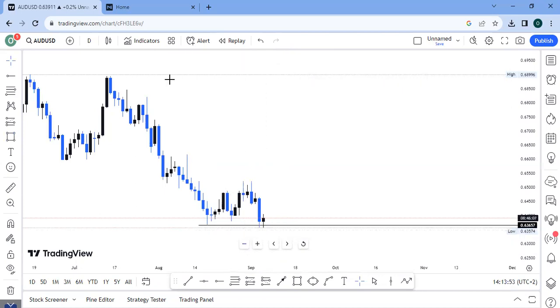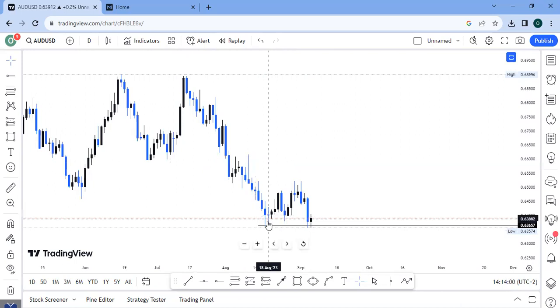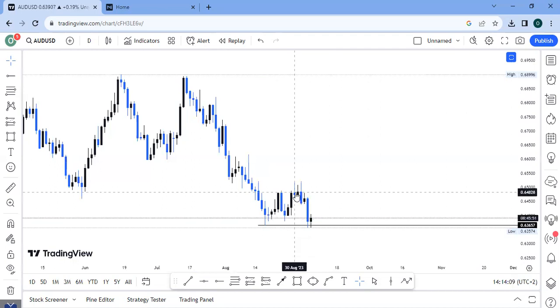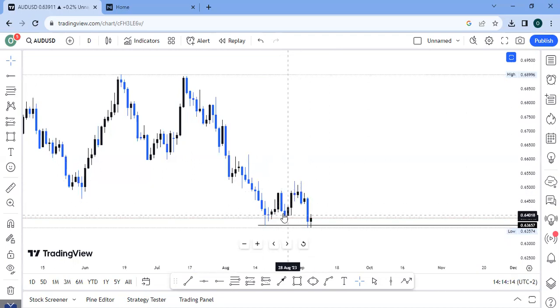We can see that we have been in a bearish market, so price has been creating lower lows and lower highs. As soon as price reached this price level, it rejected and then pushed further up. Then we had spikes above this lower high, and price also failed to create a lower low.